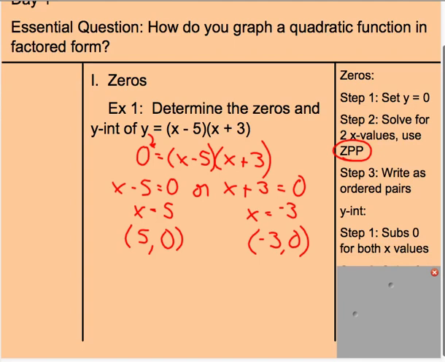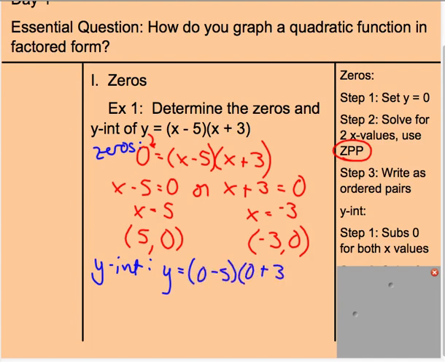Next, we're going to find the y-intercept. Start by substituting 0 for both x values in the function. And let me go back here and label my work. So we've got y equals 0 minus 5, replacing both x's with 0, and then solve for your y value.